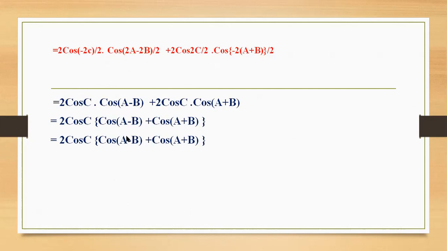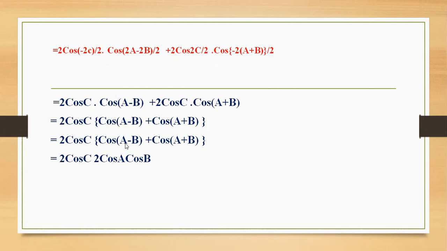We know that cos(a minus b) plus cos(a plus b) has a formula, and its value is 2 cos a cos b. To derive it, we can use the formulas cos(a minus b) equals cos a cos b plus sin a sin b, and cos(a plus b) equals cos a cos b minus sin a sin b.